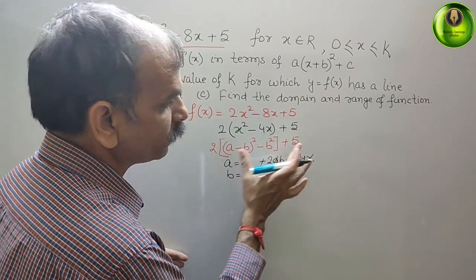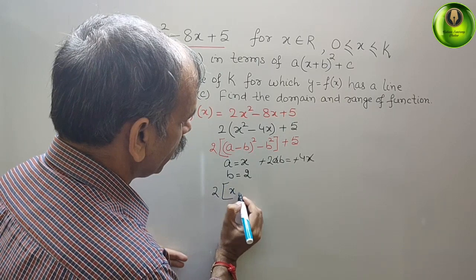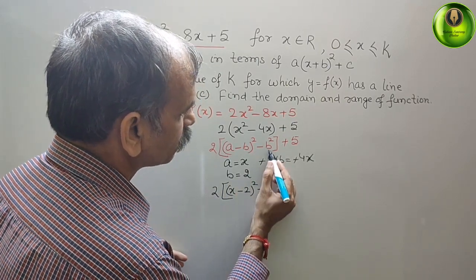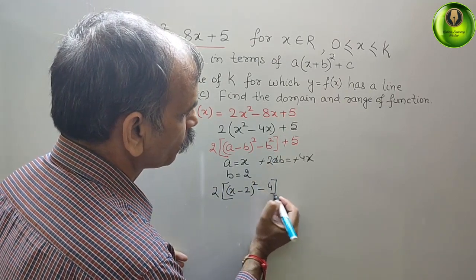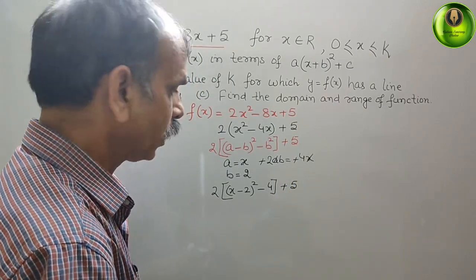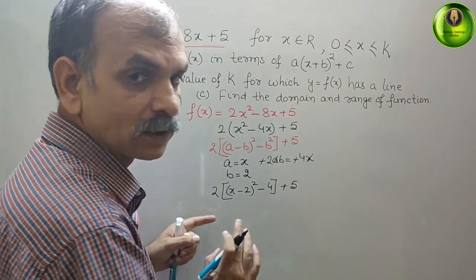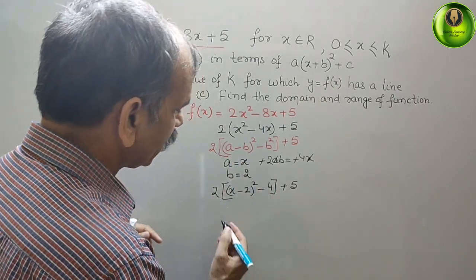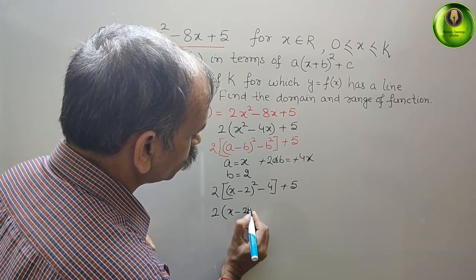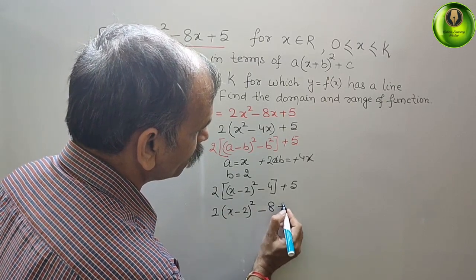Now substitute this value here. You will get 2[(x − 2)² − b²], that means 4, plus 5. Now multiplying the bracket, we get 2(x − 2)² − 8 + 5.